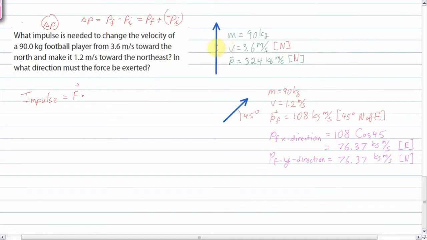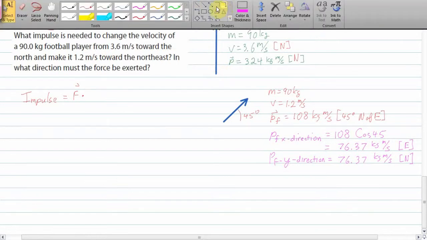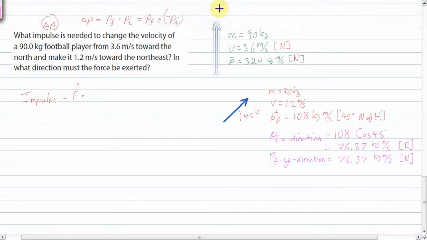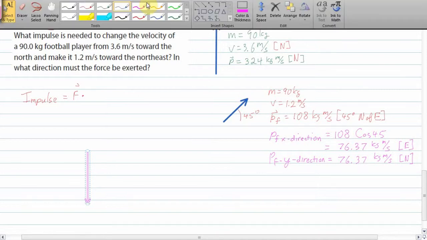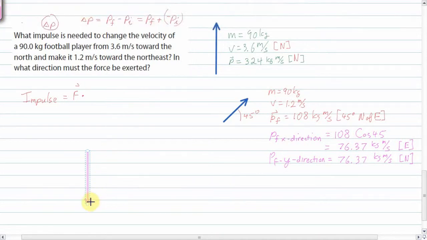Okay, visually we can take a look at it. Let's see if I can select these vectors. Okay, maybe I can't. Let's just draw new ones. Oh, now it's selected. Okay, negative initial is straight down, and the final is at 45 degrees. So the resultant is this vector here.